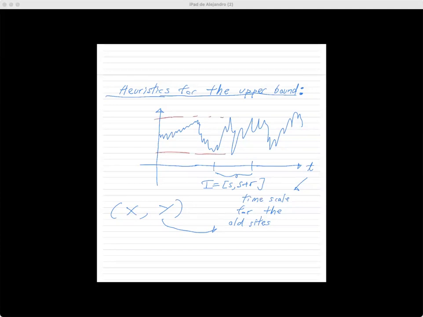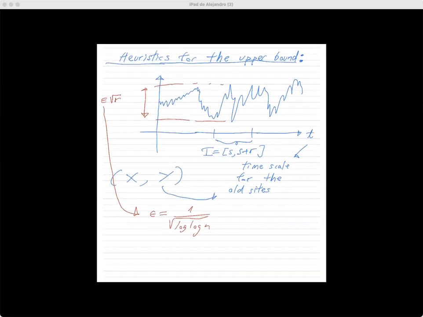So essentially, I will introduce the parameter epsilon here, and ask that normally the movement should be of order square root of R, but I will try to see how many of these time intervals are such that the movement is much smaller than square root of R, because there's this epsilon here, which eventually I will choose as 1 over square root of log n.